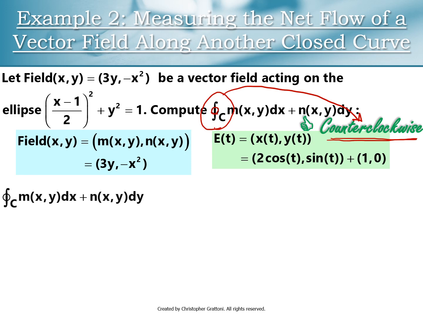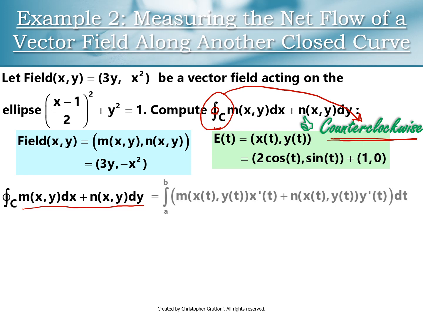So here is this notation for a path integral for flow along that is not very good for doing computations with, but it looks cool, neat looking formula. Let's switch it over to a formula that we can actually work with. So this is the one that looks like the Gauss-Green theorem here. And we have enough information to plug in everything we need. I can easily compute x prime of t and y prime of t from my x of t and my y of t.